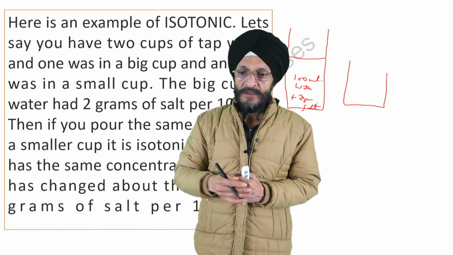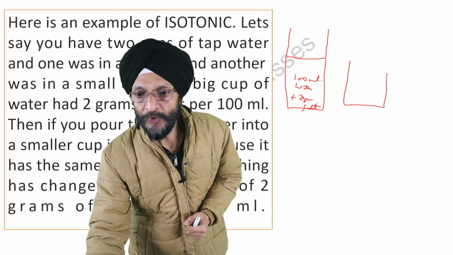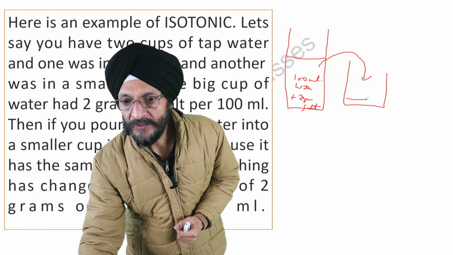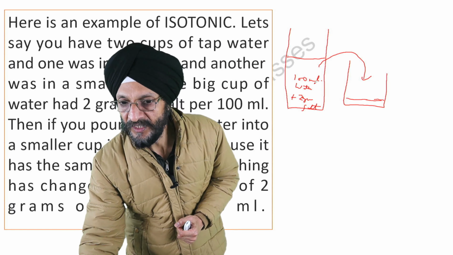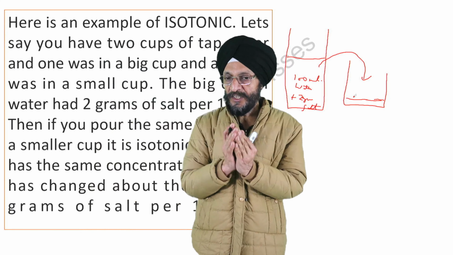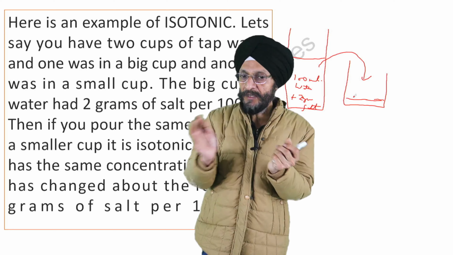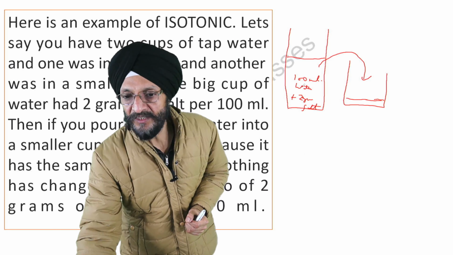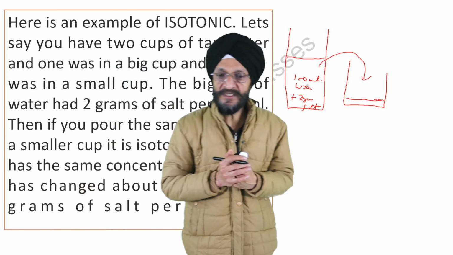After dissolving it, if we pour out some of this solution into this one, the concentration of solute in the solvent will remain the same. That is, the concentration of salt in the water will remain the same.